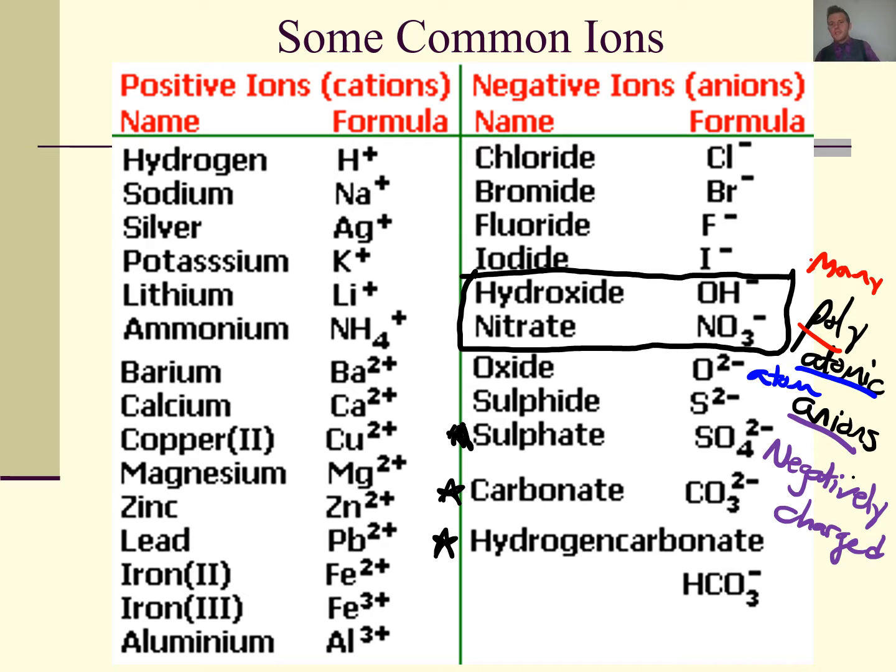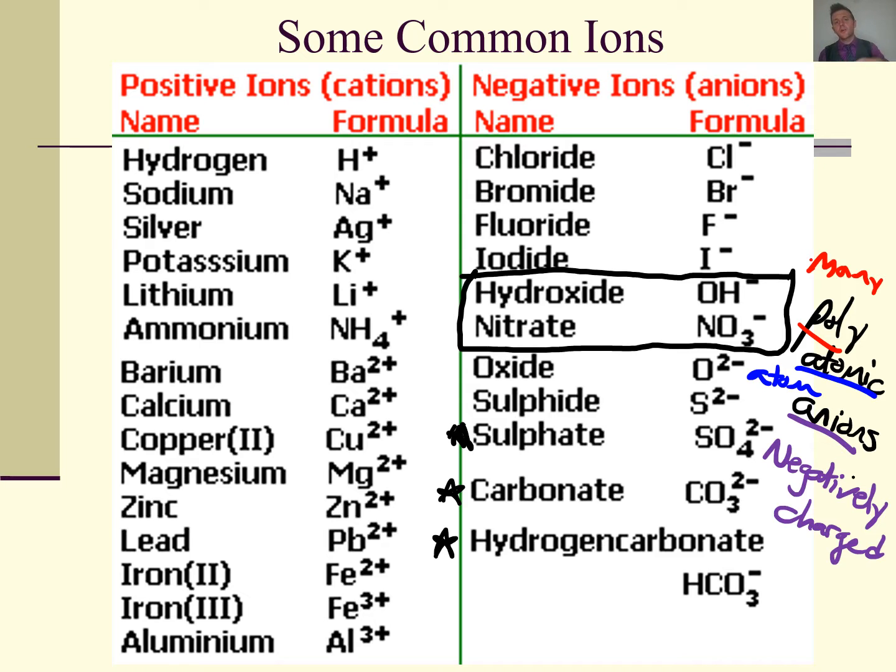So what this just means is, if you have a polyatomic anion, it just means it's a single thing made of many atoms, and it's an anion. You'll notice on the left side, the cations, there is something that is a polyatomic cation.